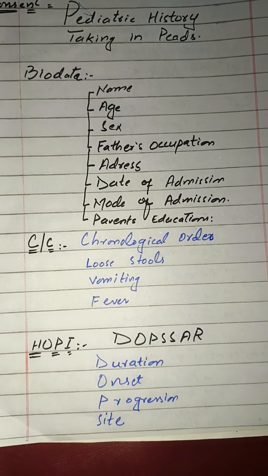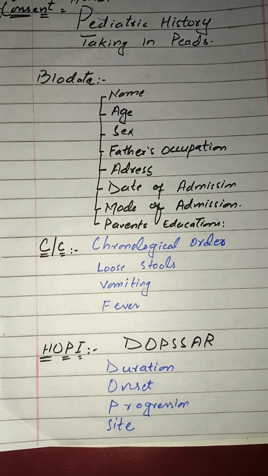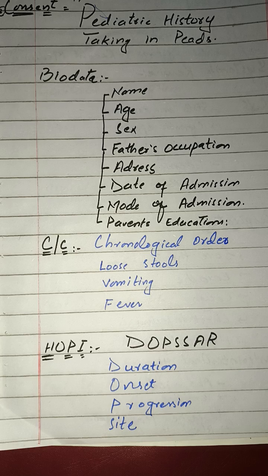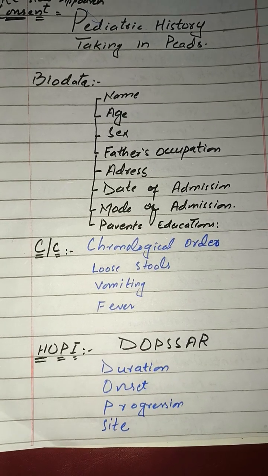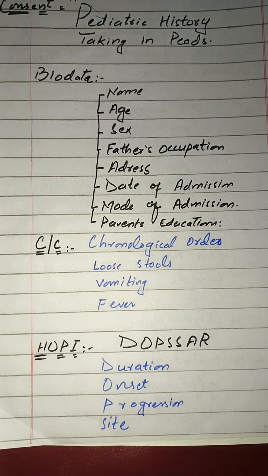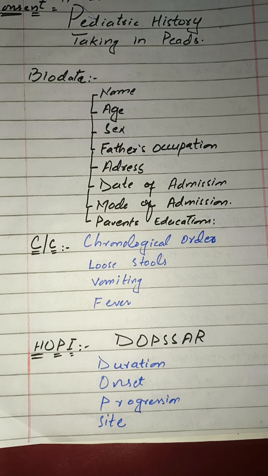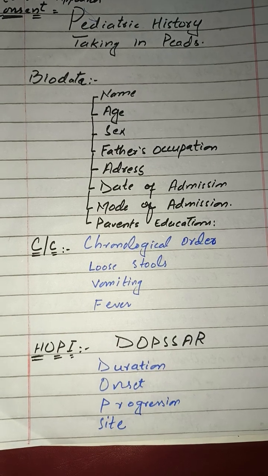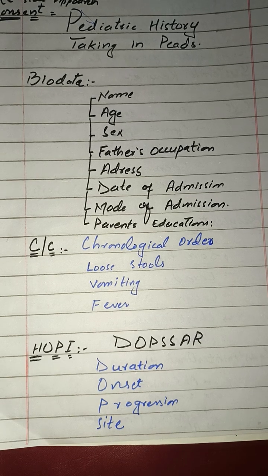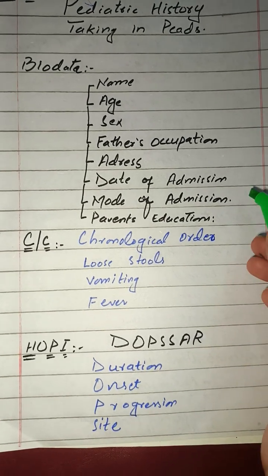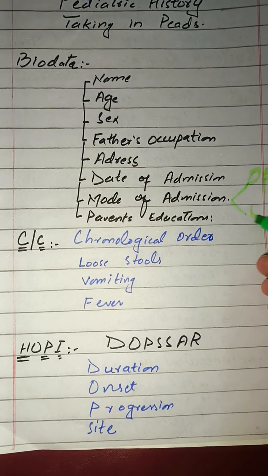After that we will start our history from biodata. First of all, we will ask about the name of the patient, the age, the gender, his or her father's occupation to know about his or her financial conditions, address, date of admission, time of admission, mode of admission, either the patient presented through OPD or through emergency.